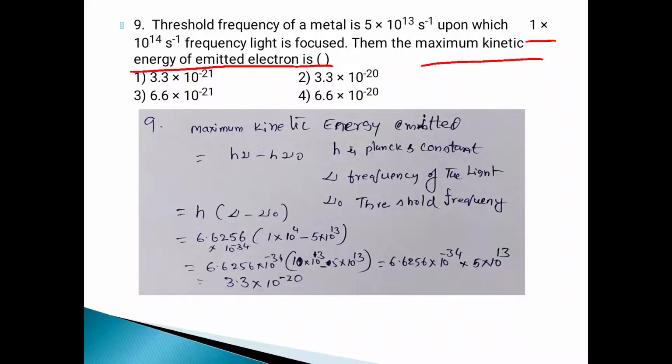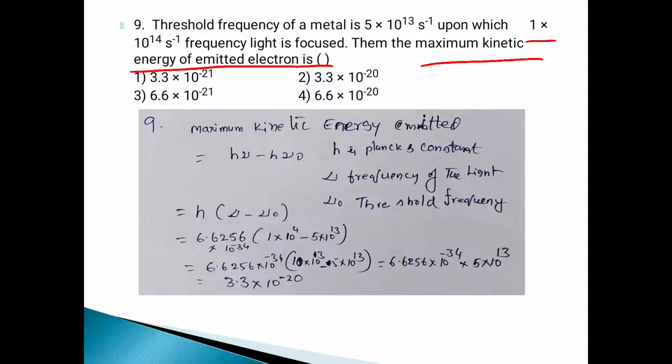That means this energy will be sufficient to bring the inner electrons to the surface. Then only will the electron be emitted. The threshold frequency is the minimum energy to bring the electron to the outermost surface of the metal.